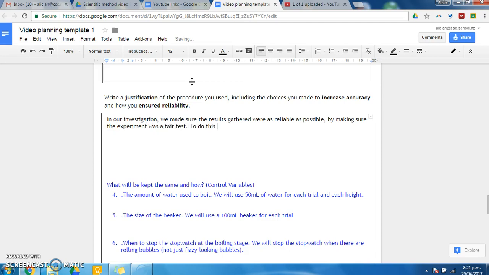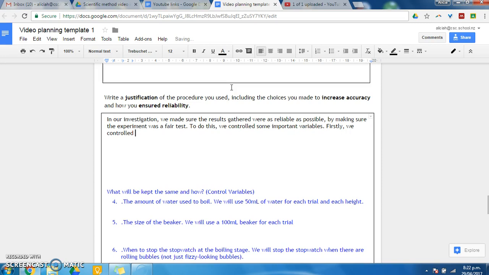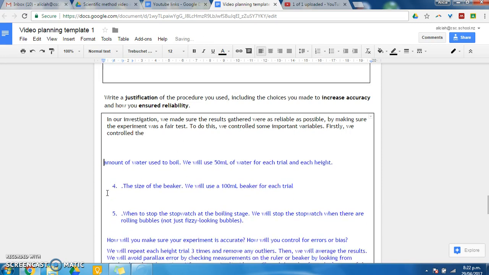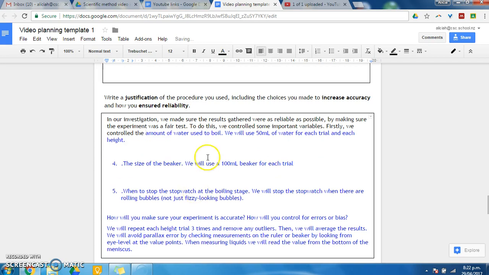To do this, we controlled some important variables. Firstly, we controlled the amount of water used to boil.